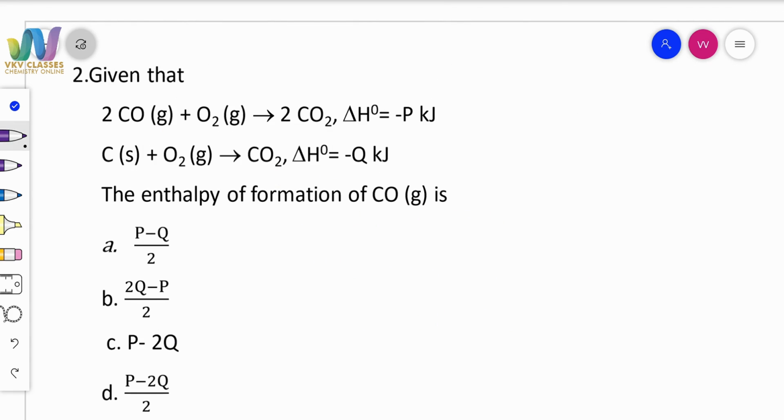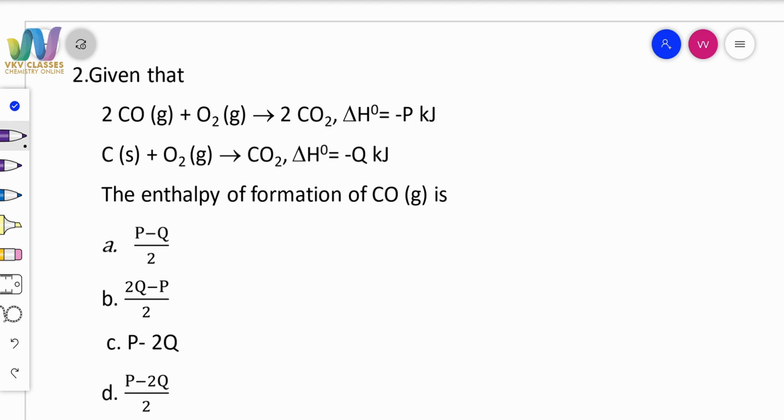Given that 2CO plus O2 gives 2CO2, delta H0 equal to minus P kJ, and C plus O2 gives CO2, delta H0 equal to minus Q kJ.